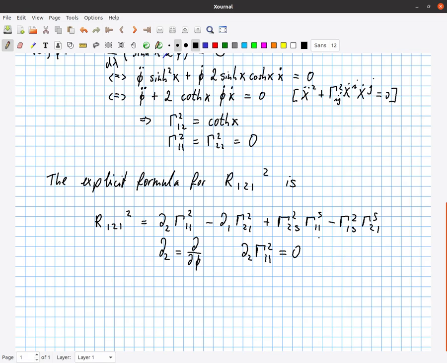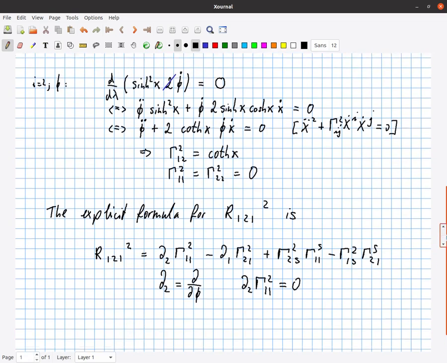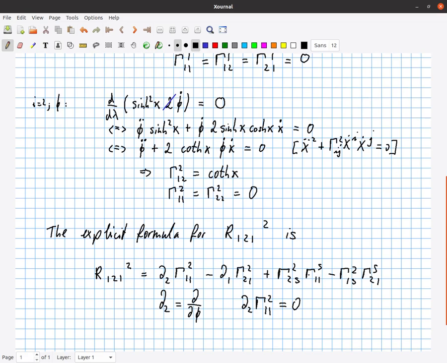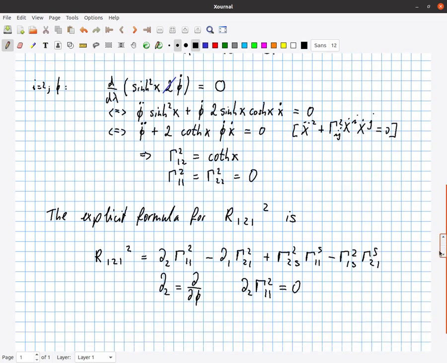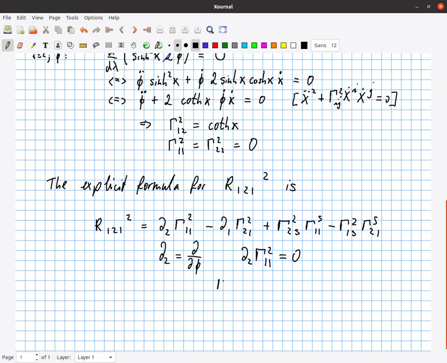Next, we have a look at this object here, gamma s 1, 1. Gamma 2, 1, 1 is 0, and from up here, gamma 1, 1, 1 is 0. Gamma 1, 1, 1 is 0, and gamma 2, 1, 1 is 0, which implies that gamma s 1, 1 is 0 for all index values of s, because s only takes values 1 and 2.